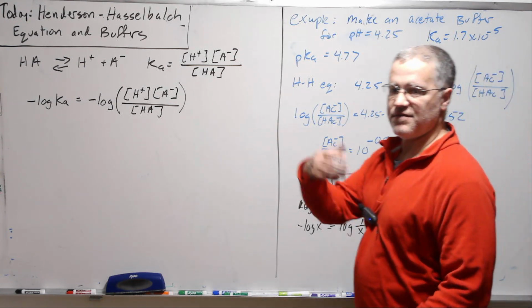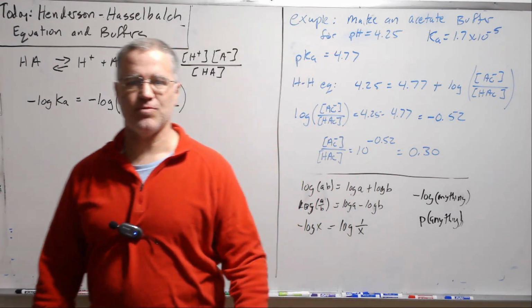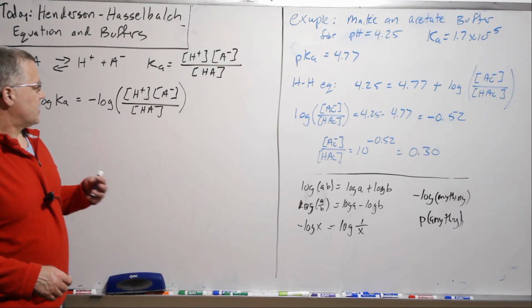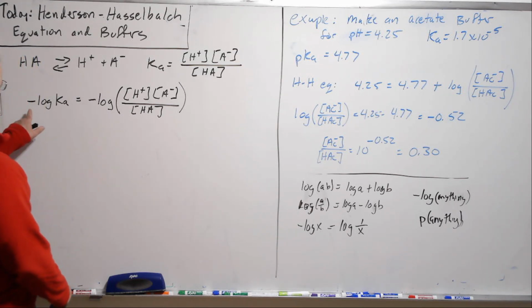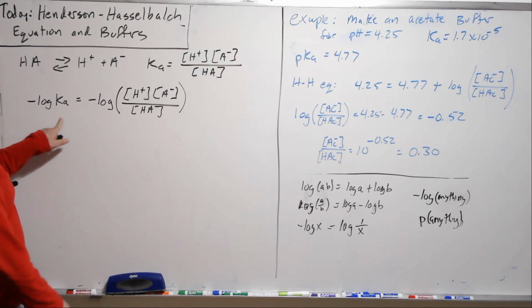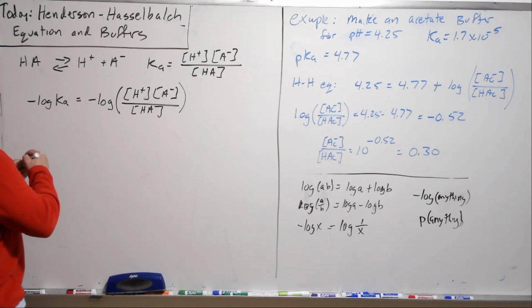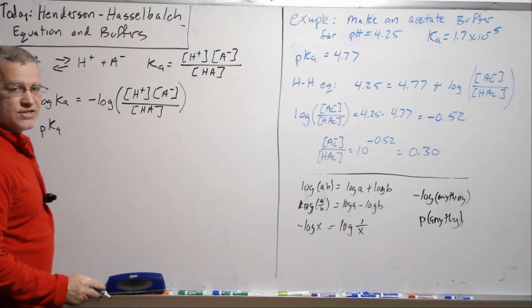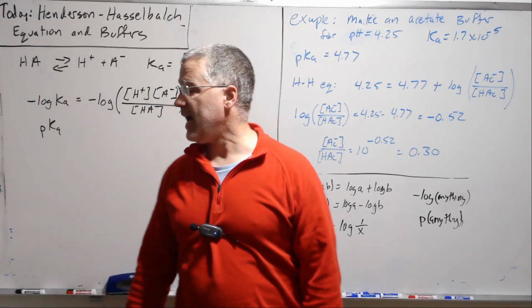So minus log of the hydrogen concentration is pH, minus log of the hydroxide concentration is pOH, etc. So using that same idea, this is pKa. It's minus log of Ka.